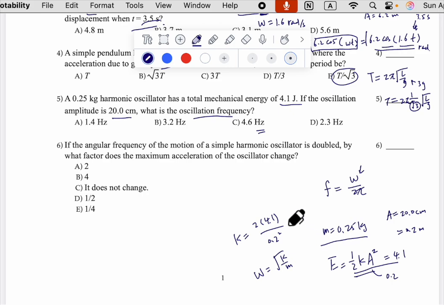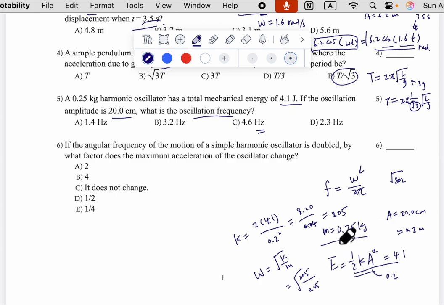Let's make some quick estimation. So this is 8.2 divided by 0.04. So 820 divided by 4 equals 205. So this equals 205 divided by mass, 0.25, basically times 4, square root of 820.